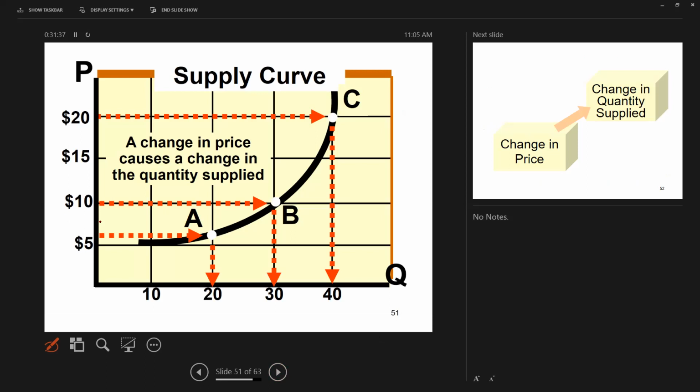That would cause a movement up this supply curve from point A to point B. And the only thing that changes is quantity supplied. It goes up from 20 CDs per day to 30 CDs per day when we raise the price.